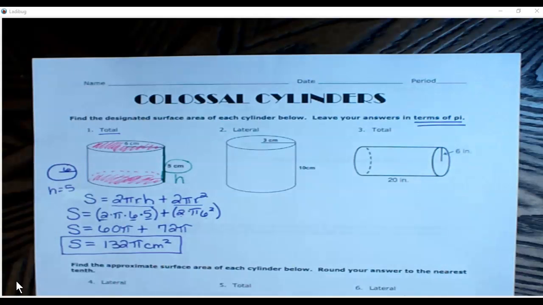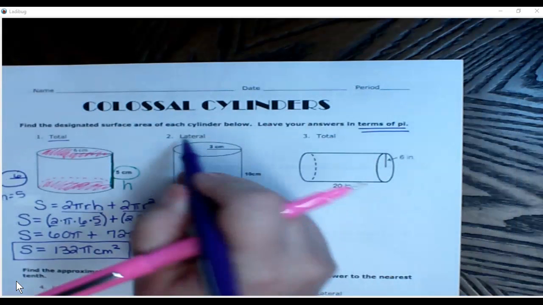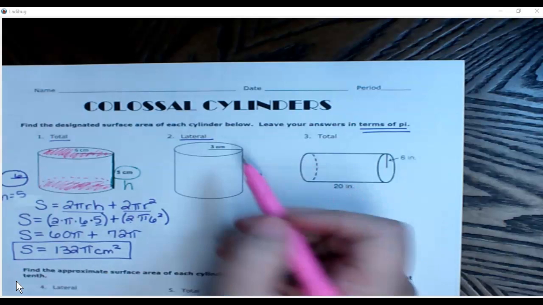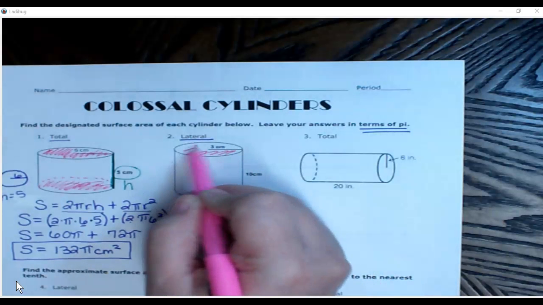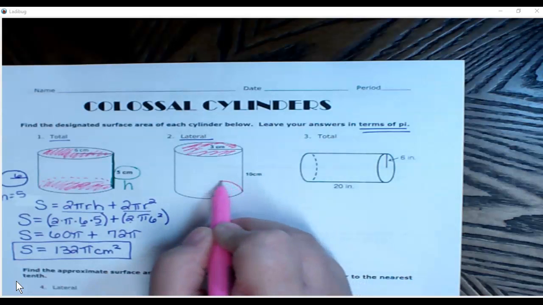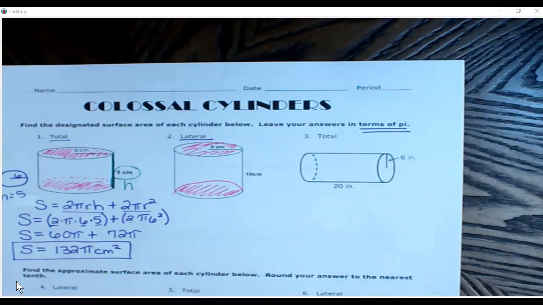All right, let's look at number 2 now. Number 2 is asking for lateral surface area. So we're going to start off with the same thing. We need to identify our bases and our height. Because it's a cylinder, we know our base is the circular ends. You can pretend that circle on the bottom as well. Those are our two bases. And our height, by definition, remember, the height connects the two bases.